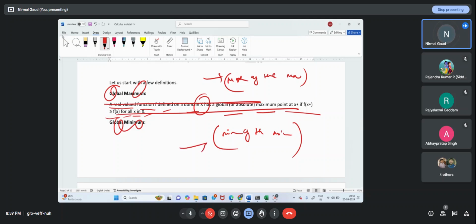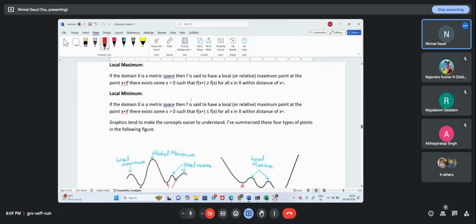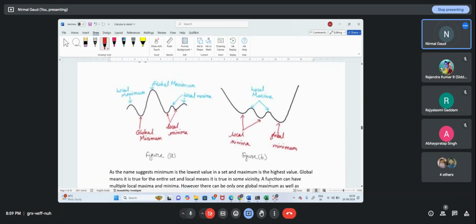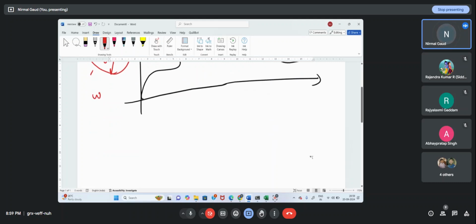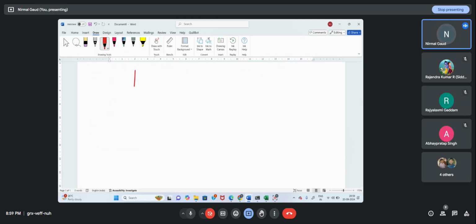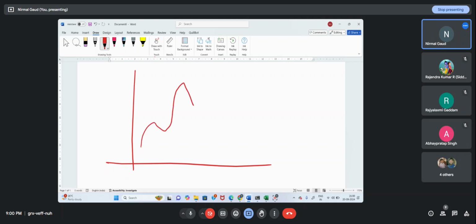Now, sir, kindly show it on the graph. Okay, let me show you here. This is also a maxima, but this is the global maxima.